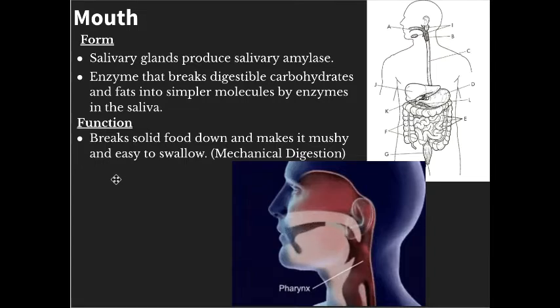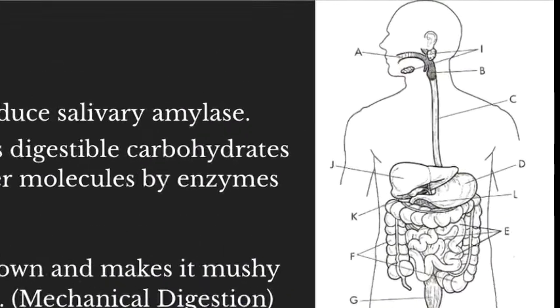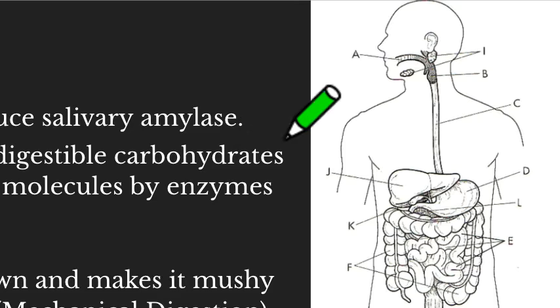It also creates saliva, and saliva has salivary amylase, and that amylase is an enzyme that is going to break down food into digestible macronutrients, carbohydrates, fats, break them down.